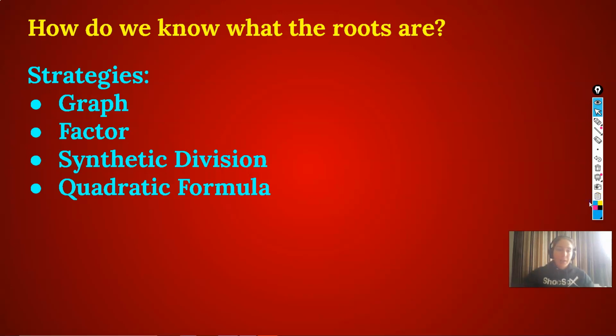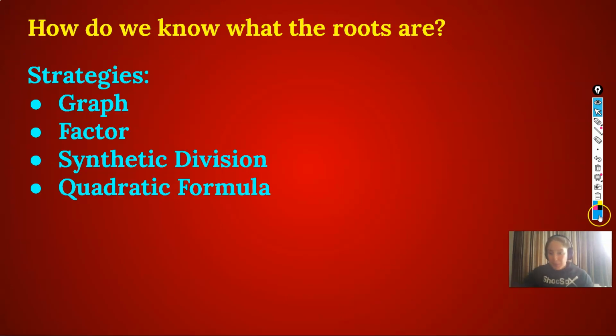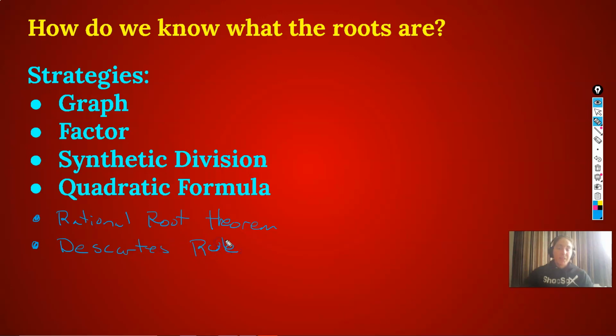Outside of this video, I would also suggest the rational root theorem and Descartes' rule. That's how I remember how to spell it. These two we're not going to use in this video, but go watch these too.